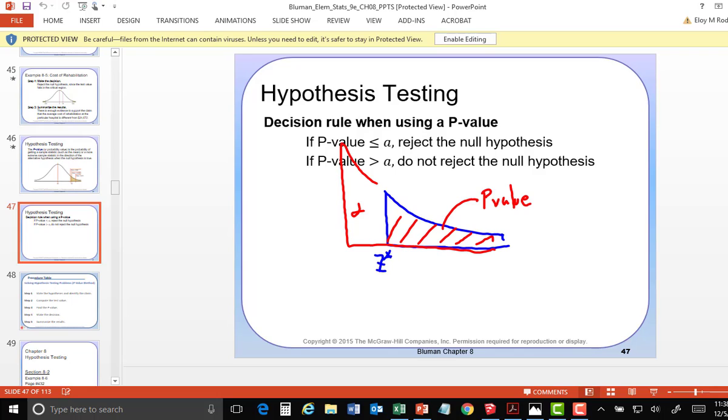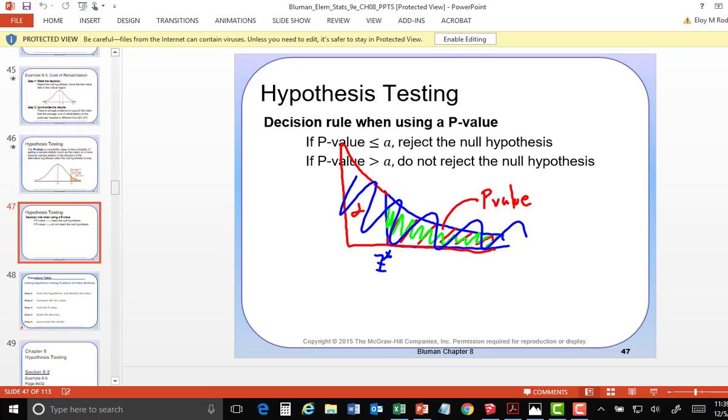If this area here is less than this area, we reject.